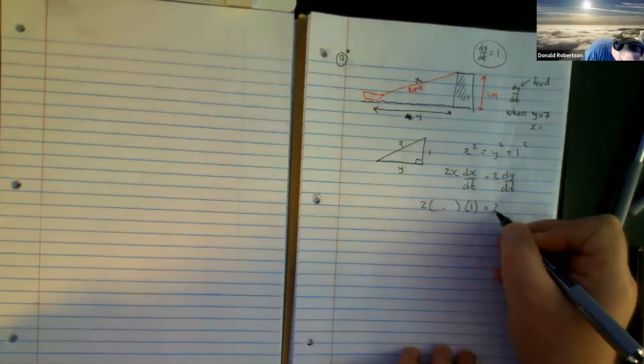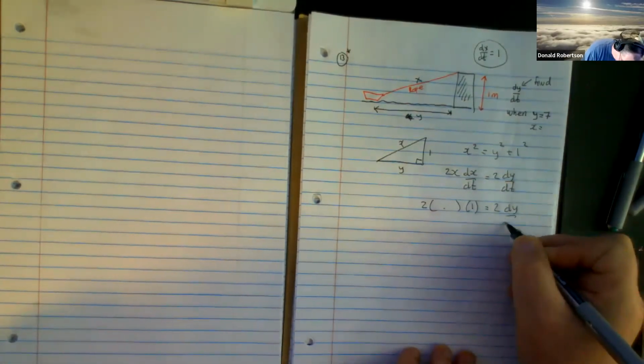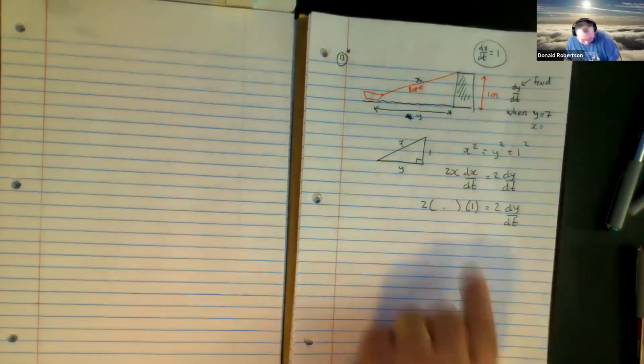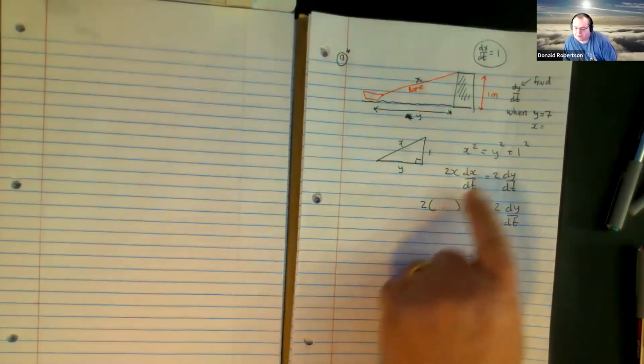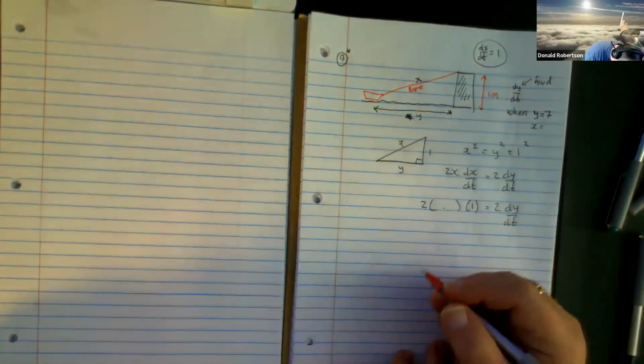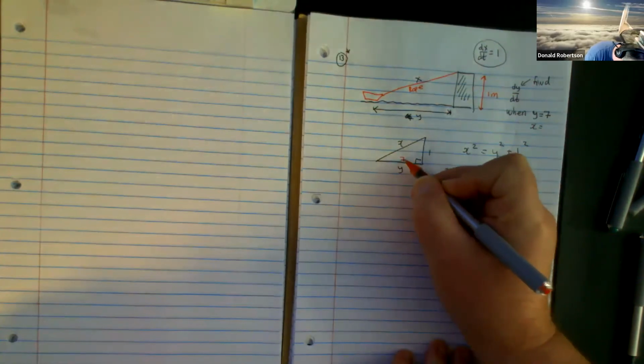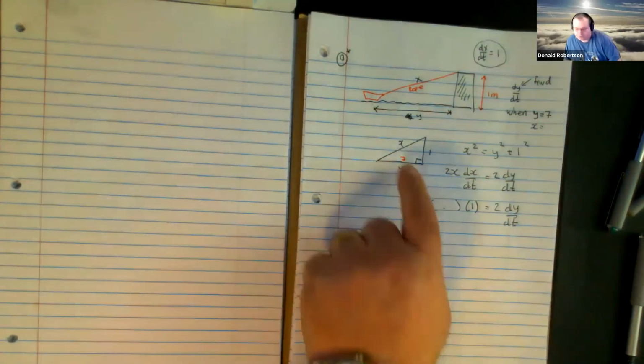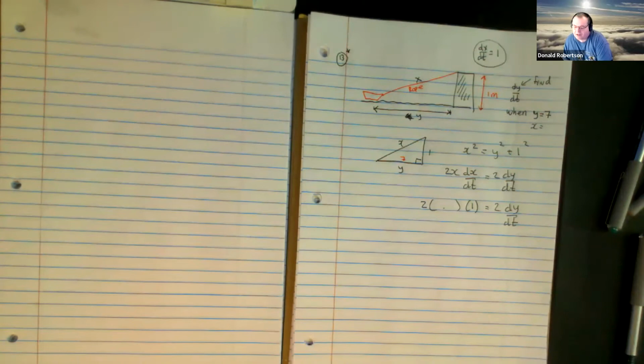We do know what dx by dt is, and we're trying to find dy by dt. So it's this guy here, right? X. If I use my little triangle and I say, okay, I know that guy's 7. Would you agree it's just using Pythagoras again to get x? And to save a whole lot of time, can I tell you it's the square root of 50, but you can check it later.